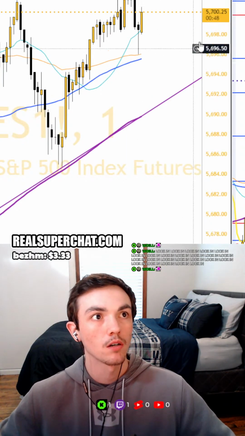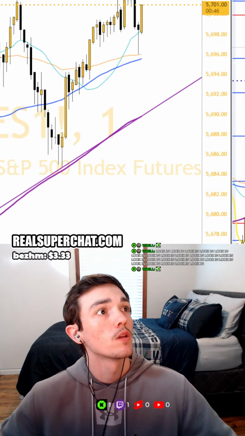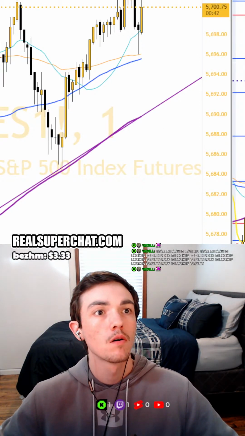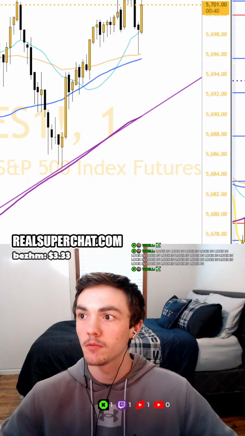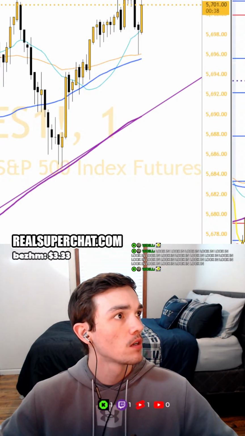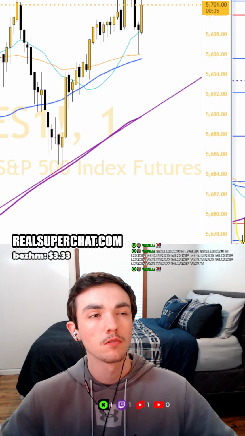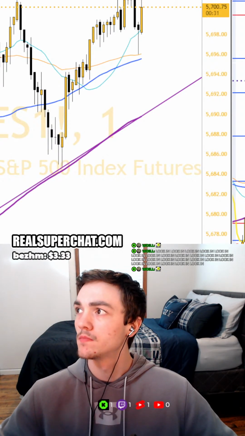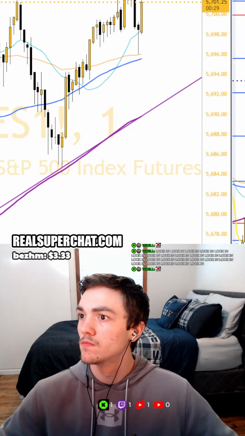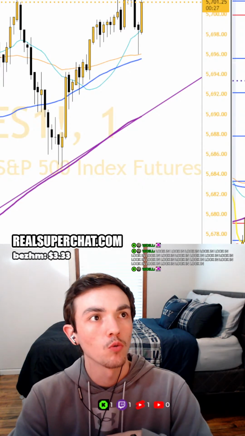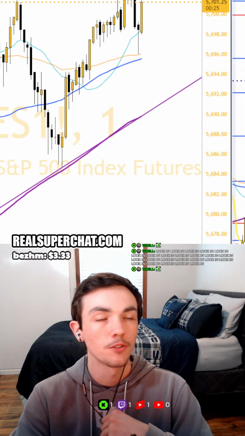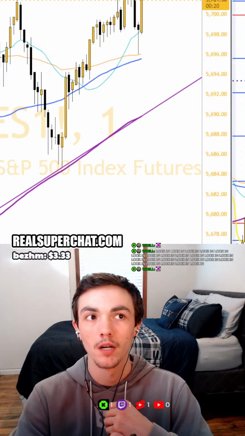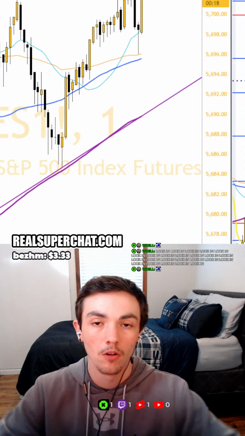ES is bouncing back up. NQ 30-minute looks like it wants to rip. That was probably just a little bit of manipulation of the market makers. Rip it down in a 2-minute span, and then rip it back up, probably all the way to 300.